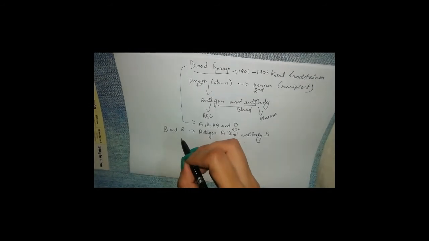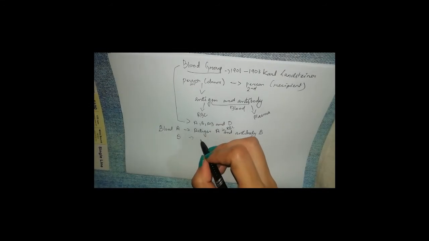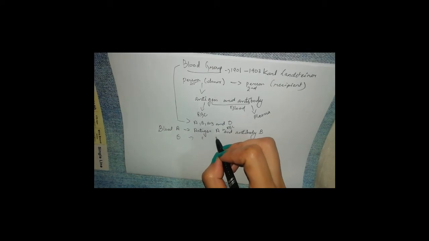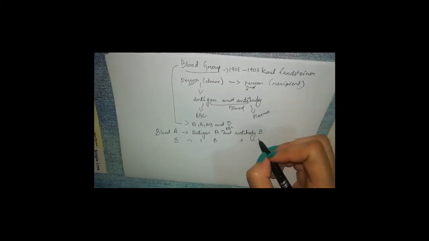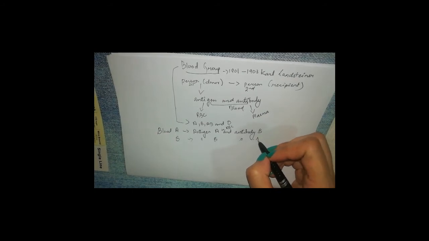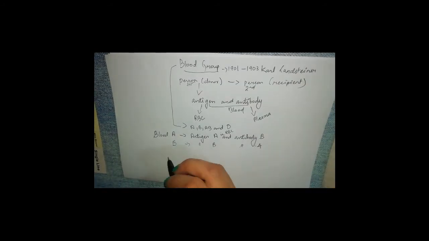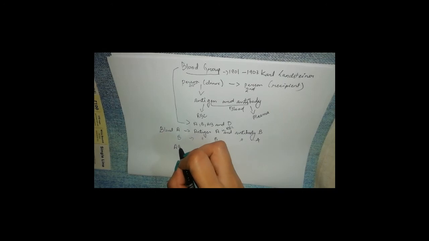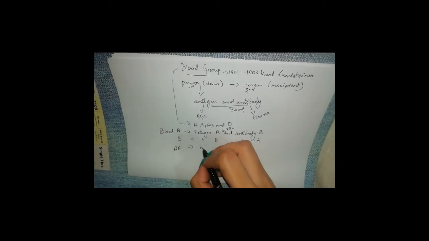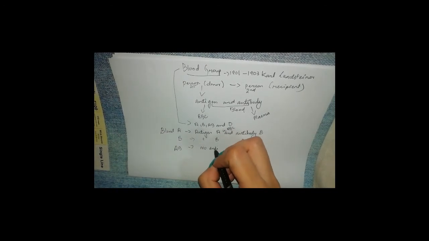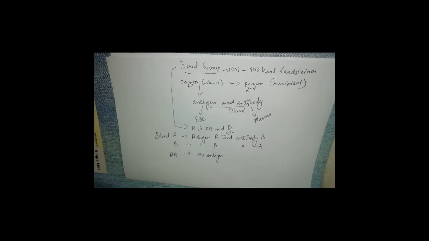Then blood group B has antigen B, and they will have antibody A. Then when it comes to blood group AB, they will have no antigen, they do not have antigen in their red blood cells.